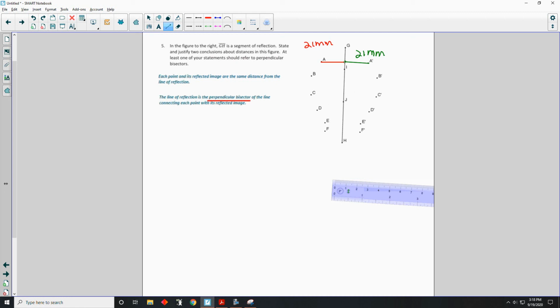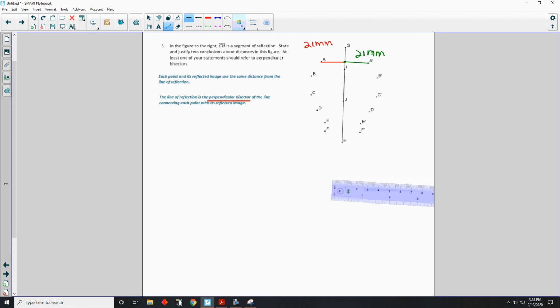So this point right here is the perpendicular bisector of A to here. So for instance, no matter what point I choose here, if I drew a perpendicular bisector, then the line of reflection is going to be perpendicular to the lines that connect each image.